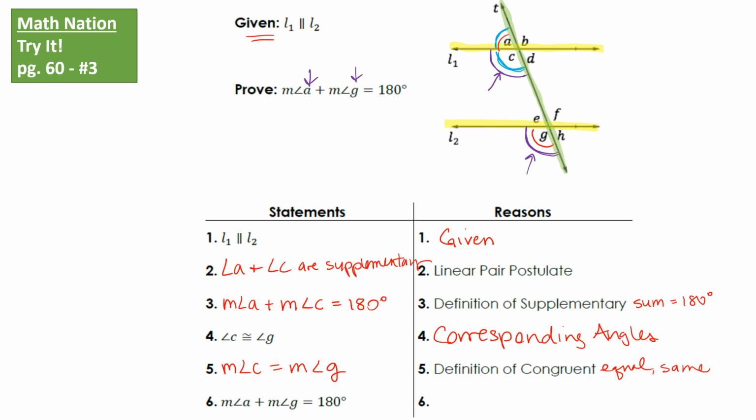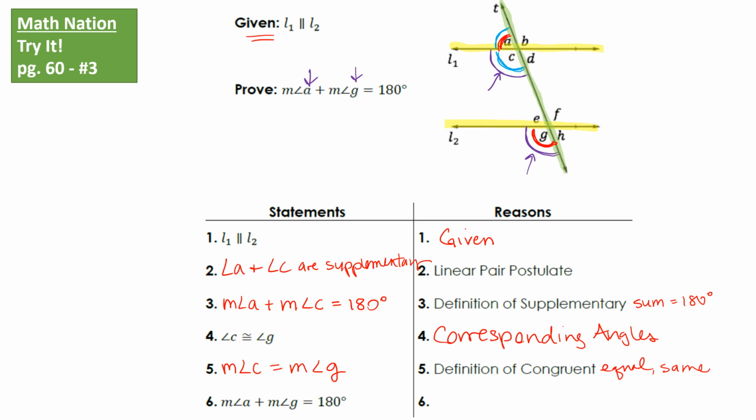Okay. Now let's finish off with the proof. So the proof originally was to prove that angle A and angle G, their sum added up to 180 degrees. Well, we kind of already did that.